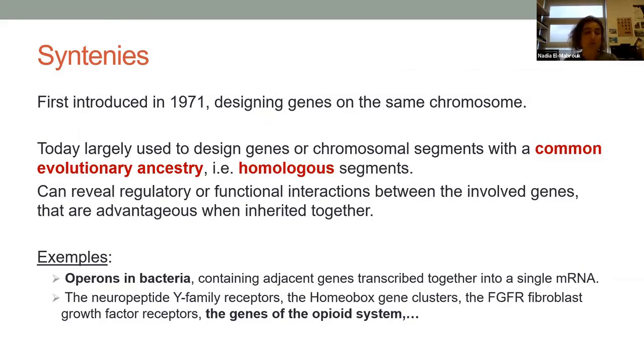There are many examples of such regions of conserved genes. For example, operons in bacteria contain adjacent genes that are transcribed together into a single mRNA sequence. But there are many other examples. For example, many gene families are organized in paralogons, such as the genes of the opioid system.